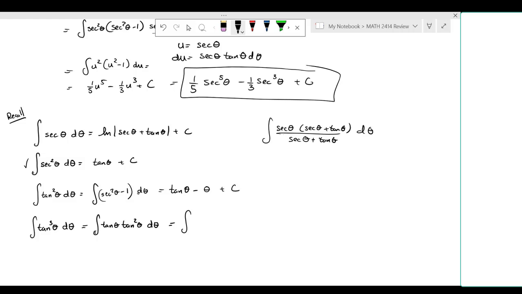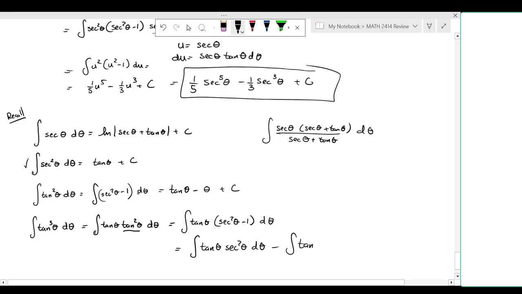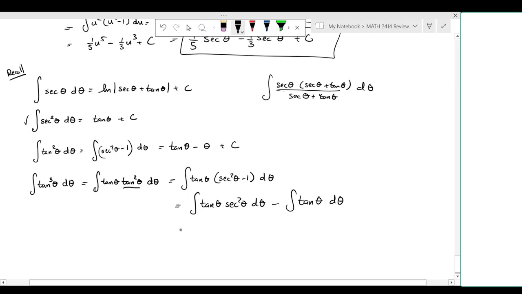So replace tangent squared with secant squared minus 1, using the Pythagorean trig identity. And then we split this up into two separate integrals. The first one we do via u sub, where u is tangent, du would be secant squared d theta.